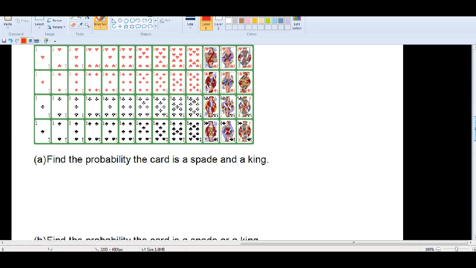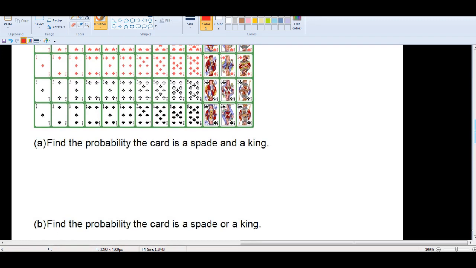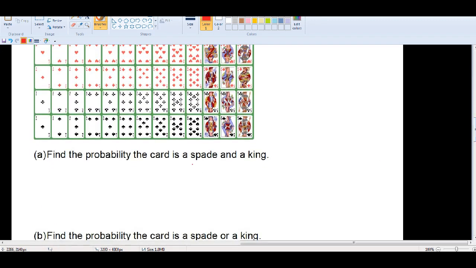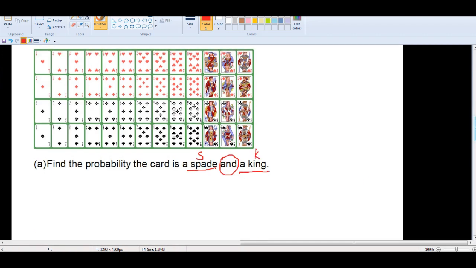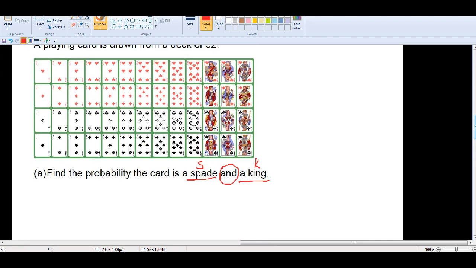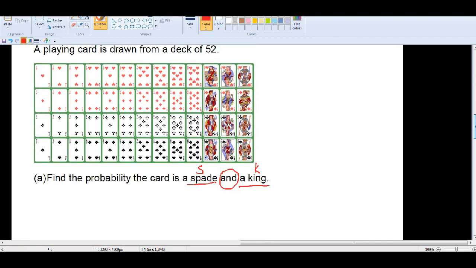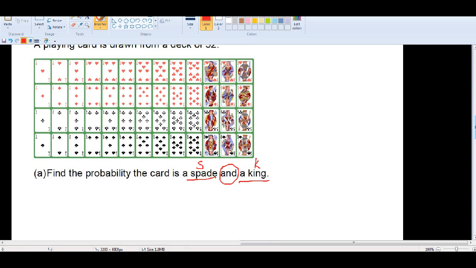Find the probability that the card is a spade and a king. So it's actually the combination of 2 events, so you need to consider the event spade and the event king. Let's see how many spades there are, how many kings there are.